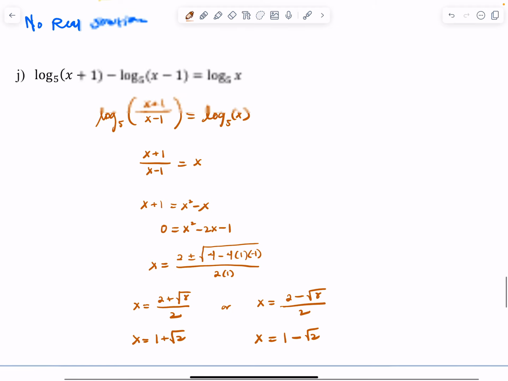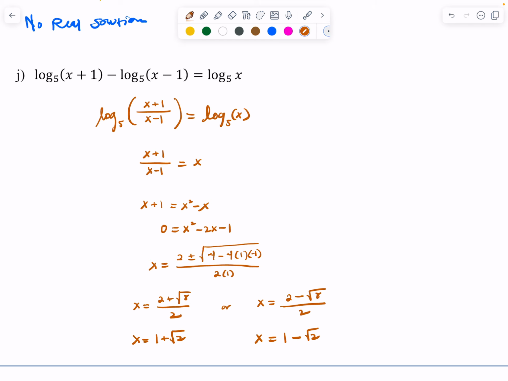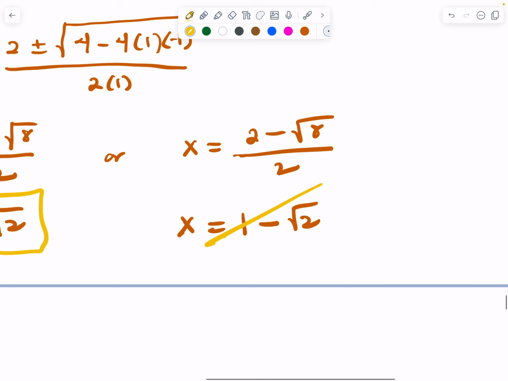So thinking about checking for extraneous solutions, 1 plus root 2 will be fine, but 1 minus root 2 would cause us to have to take the log of a negative value. So 1 minus root 2 is extraneous. 1 plus root 2 is the actual solution.